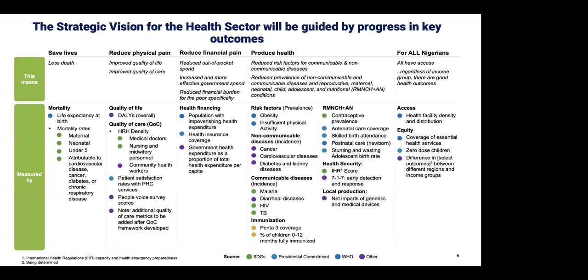So it's not just a health question, but there is a health component, and that means reducing maternal deaths, neonatal and under-5 deaths. The NDHS survey put maternal mortality at 512, is it, per 100,000 births. Such numbers are not very good and need to be brought down. And then there is the intention to reduce physical pain. If something doesn't kill you, it can lead to a morbid condition, deformities.